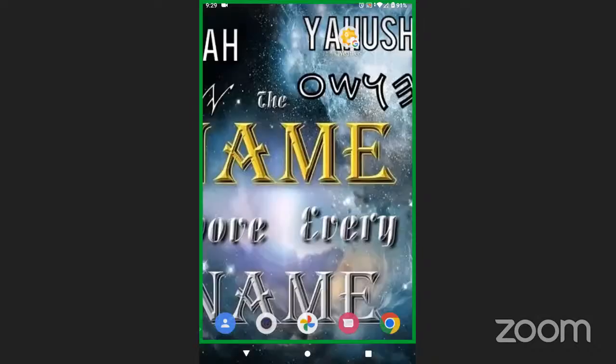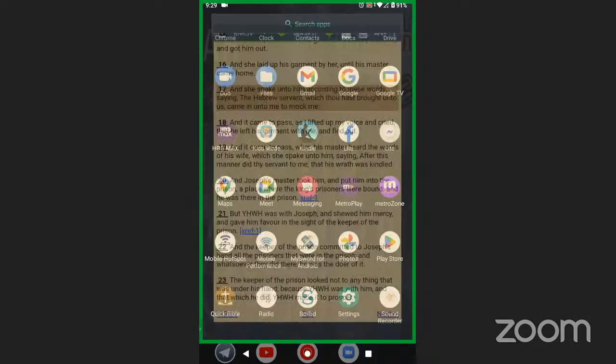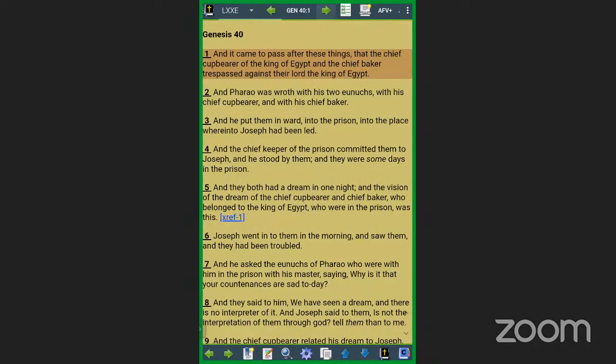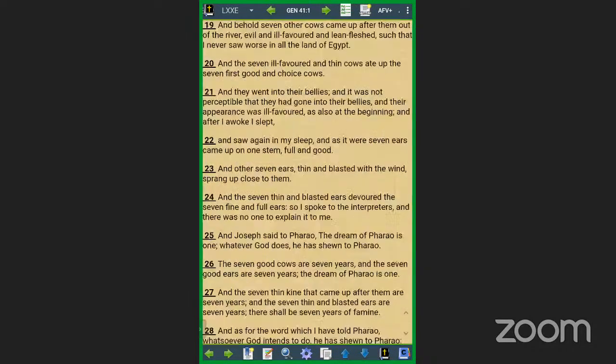So let's see here, Genesis 41:21. And they went into their bellies, and it was not perceptible that they had gone into their bellies, and their appearance was ill-favored, as also at the beginning.